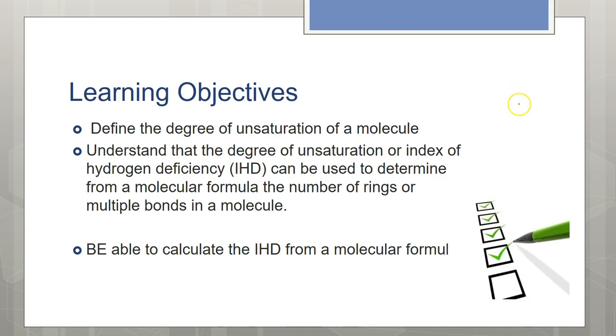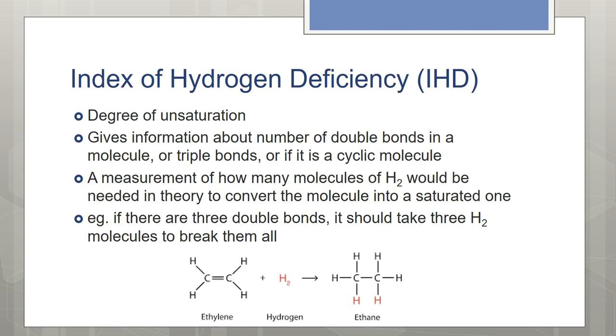So we can determine if we have something like cyclohexane versus something like cyclohexene, or even if we have hexene versus cyclohexene. So these molecules would all have a different index of hydrogen deficiency. And then we need to be able to actually calculate the index of hydrogen deficiency given the molecular formula of a compound. Okay, so let's have a look at this.